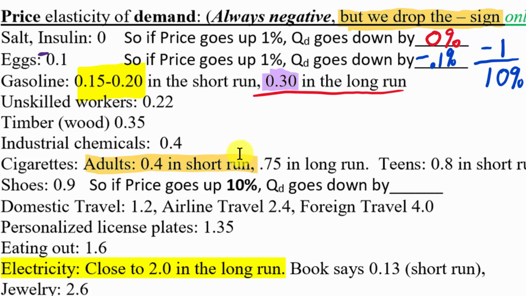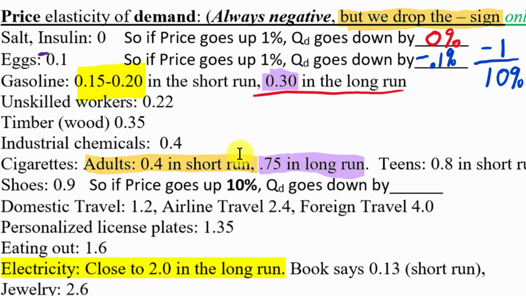However, if you wait until after a price change and you look a year later, you'll see those same adults will be smoking a lot less if you give them longer to try to quit, right? Maybe find some substitutes these days with vaping and other sorts of substitutes that people have found for smoking.